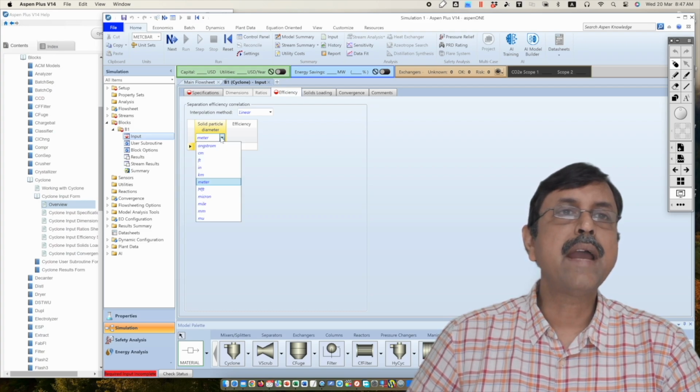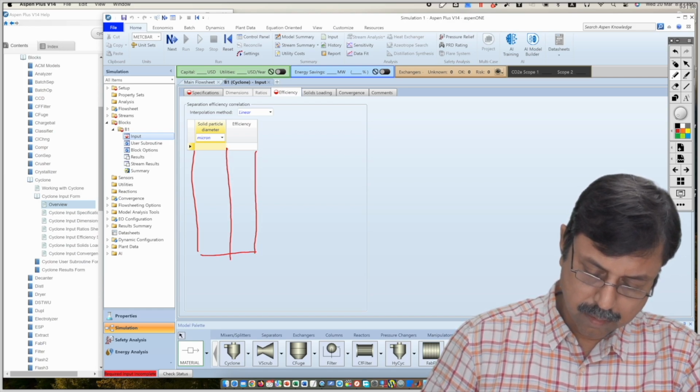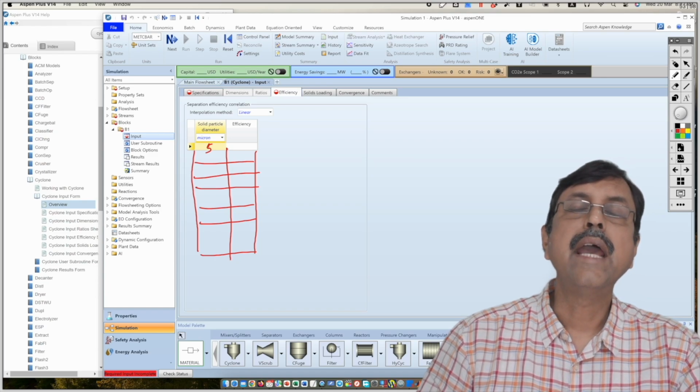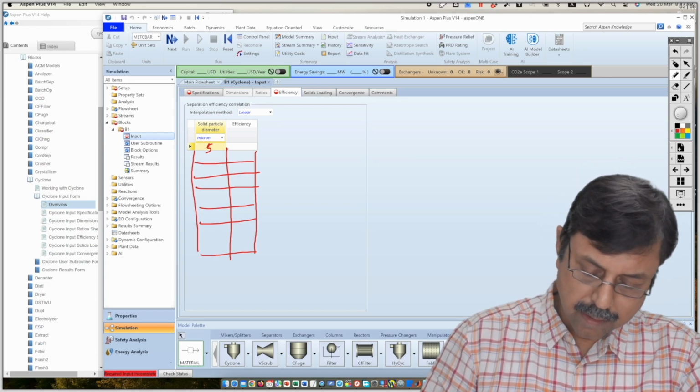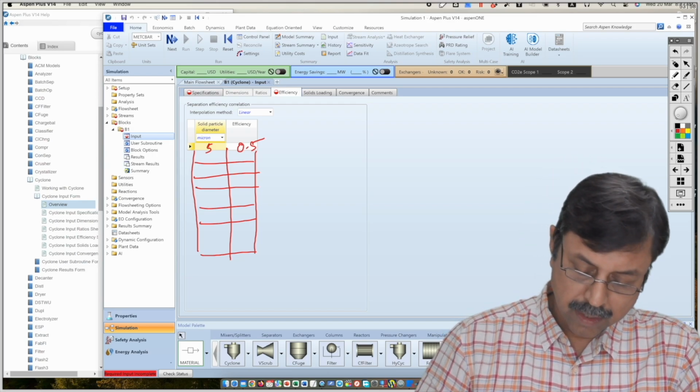So you have to provide this table. So if it is in micron, you have to say, so for 5 micron, the efficiency is 50%. You have to write it in fraction.